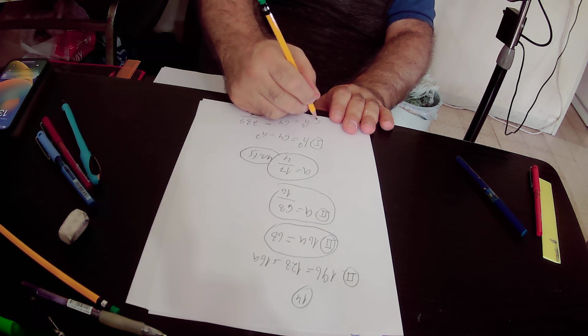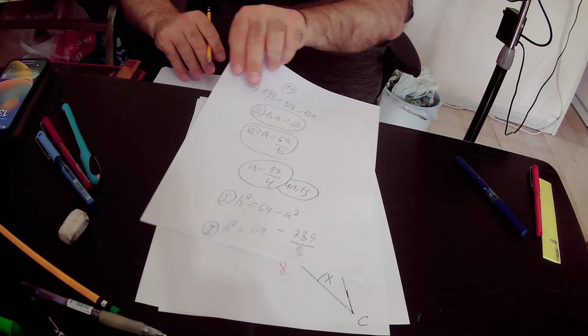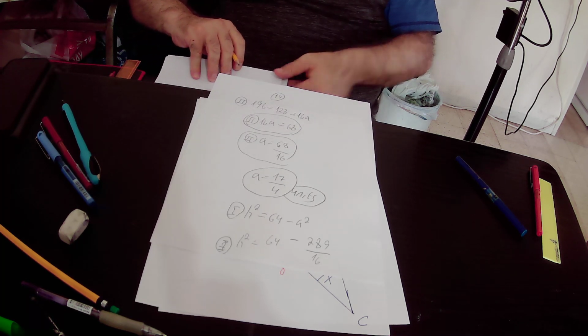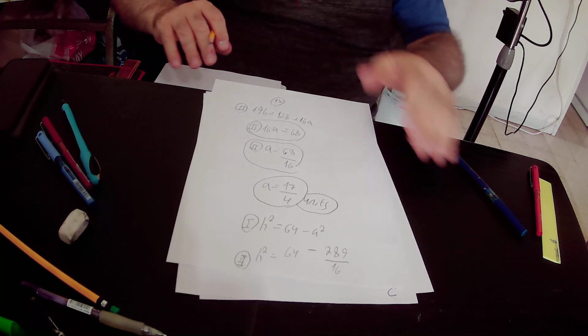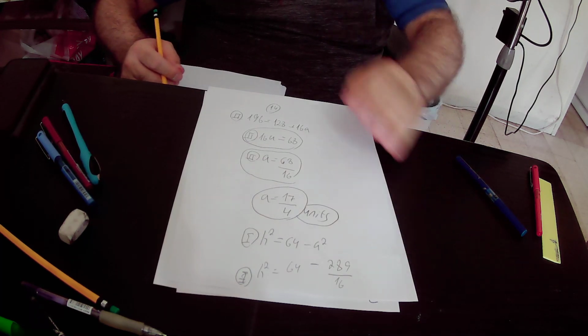So we got that h squared equals 64 minus 289 over 16.